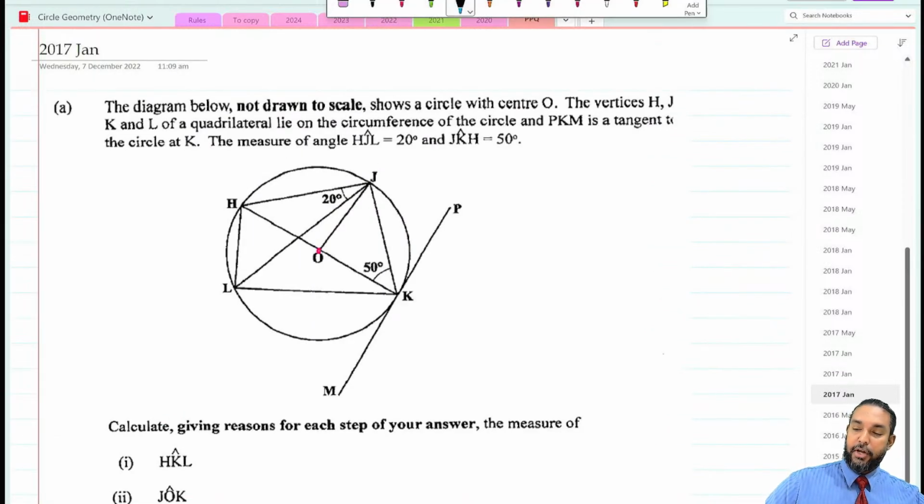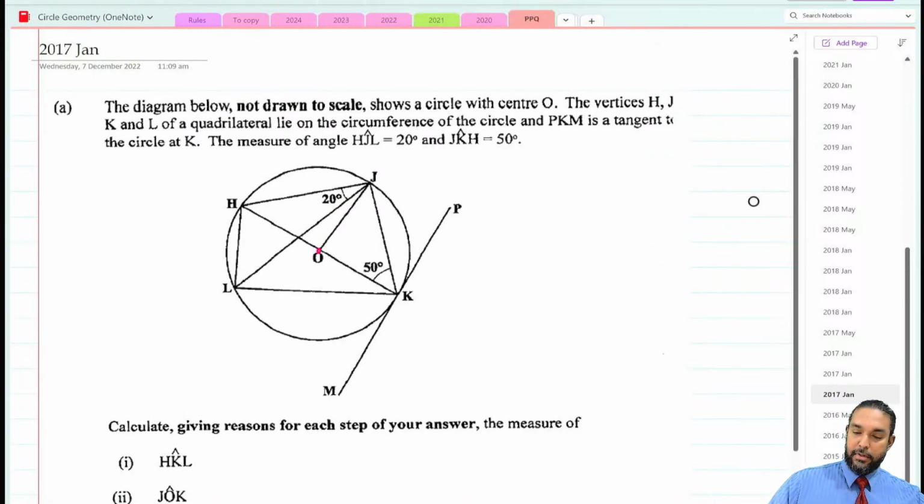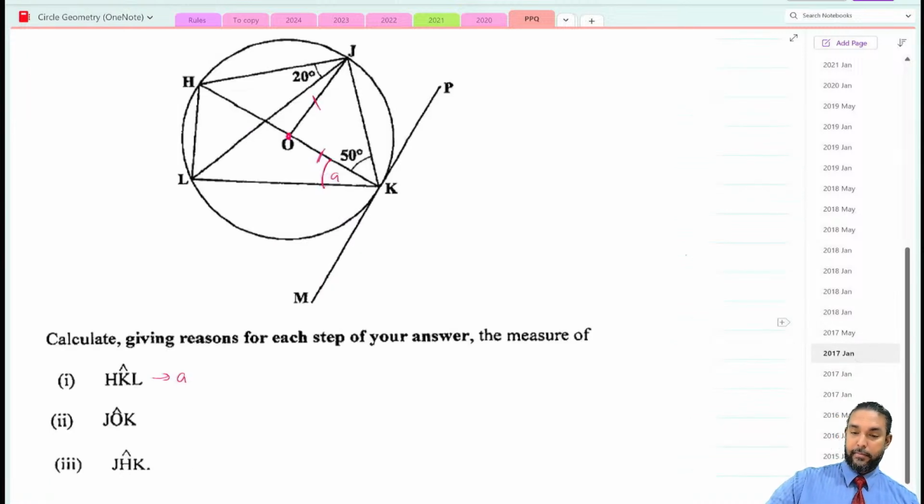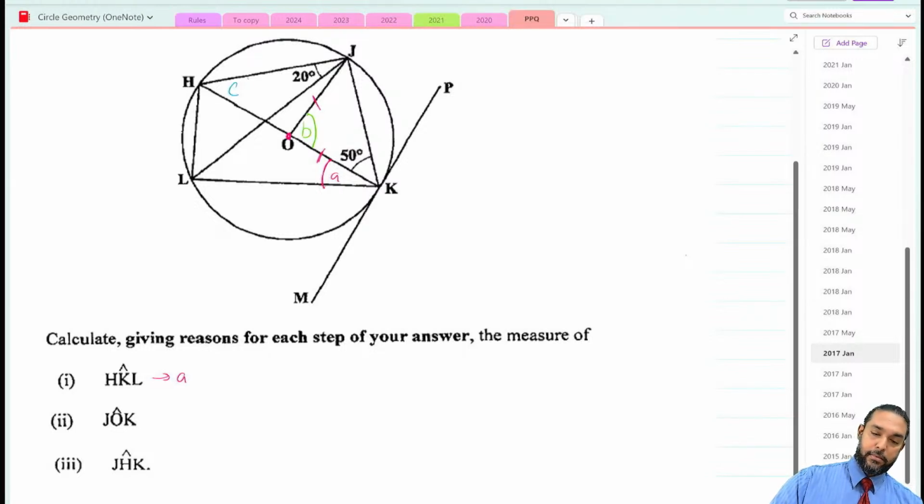And then JHK. JHK is this angle here. We'll call that C. That one's easier than you think. That's correct.